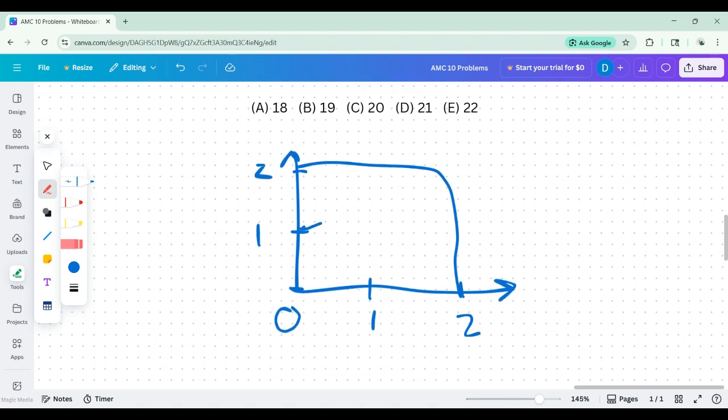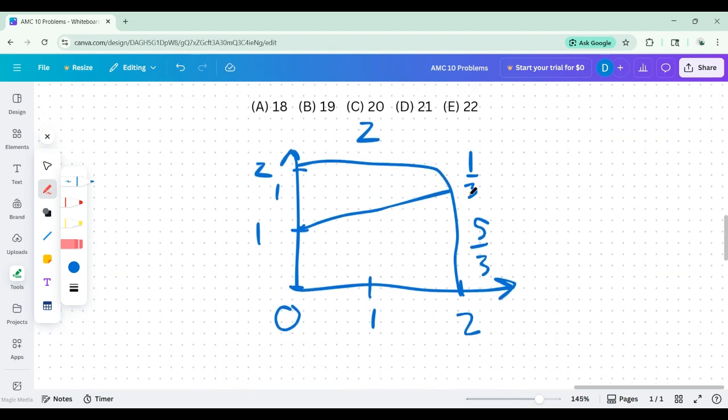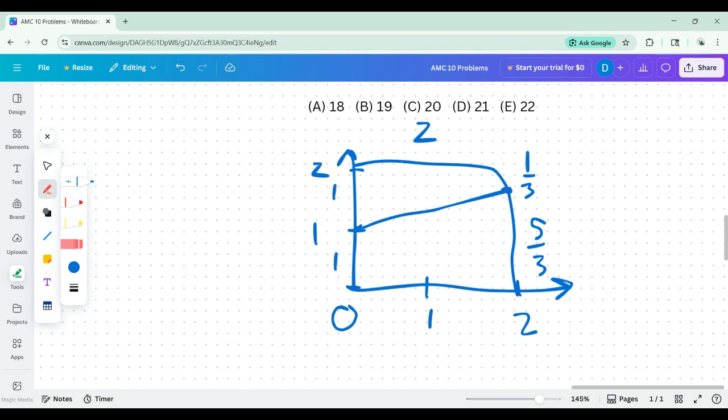So when we draw that line, it kind of looks like this, where we have 1/3 up top right here, side length 2 right here, side length 1 right here, and we have 5/3 here, because if we plug in 2, we get 2/3 plus 1, which is 5/3. So it goes up to 5/3 for the y coordinate. We have 1 right here, and then a side length of 2 right here.